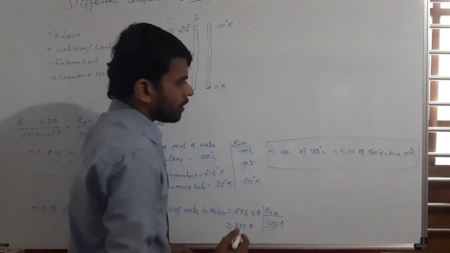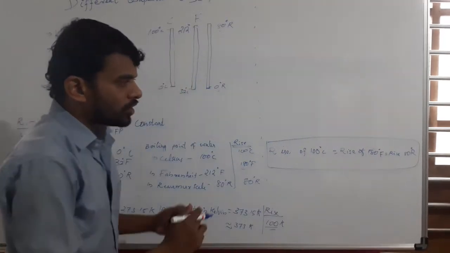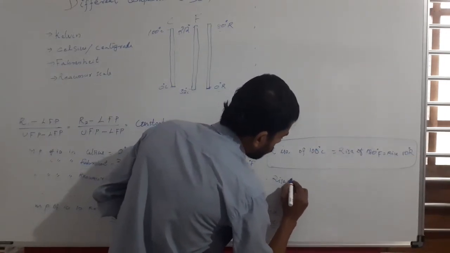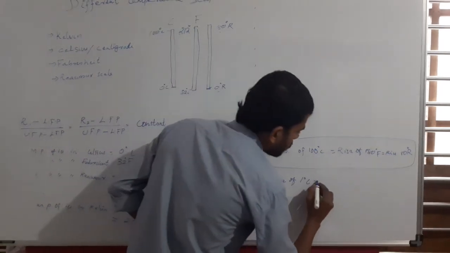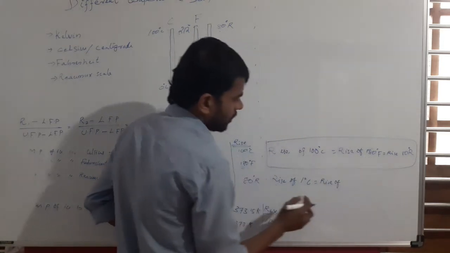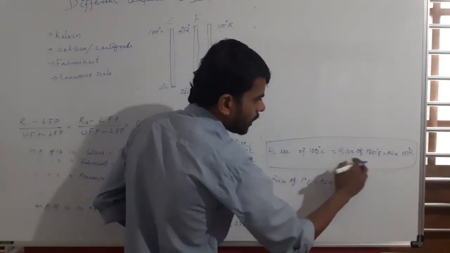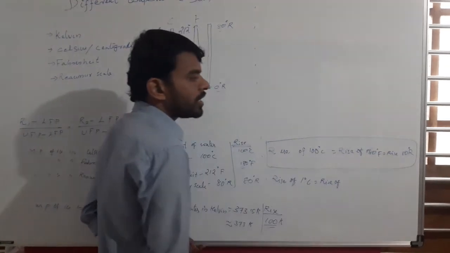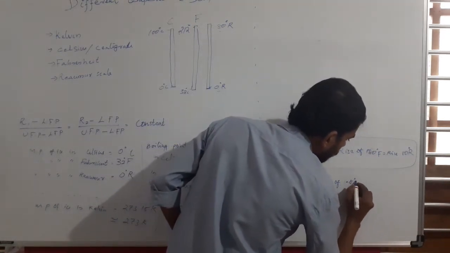So we can write: if 100 is equal to 180, then what about 1 degree Celsius? The rise of 1 degree Celsius is equal to the rise of, see, for 100 it is 180, so for 1 degree Celsius we have to divide by 100. So 180 divided by 100 is nothing but 1.8 degree Fahrenheit.